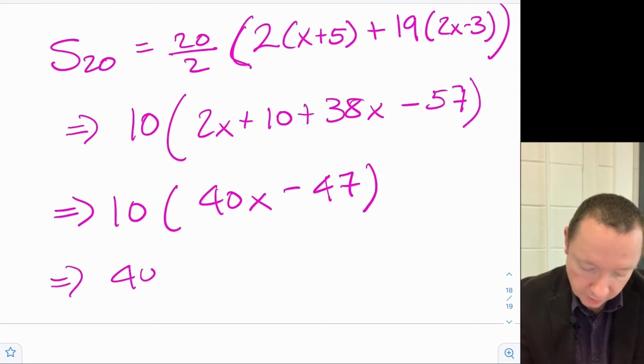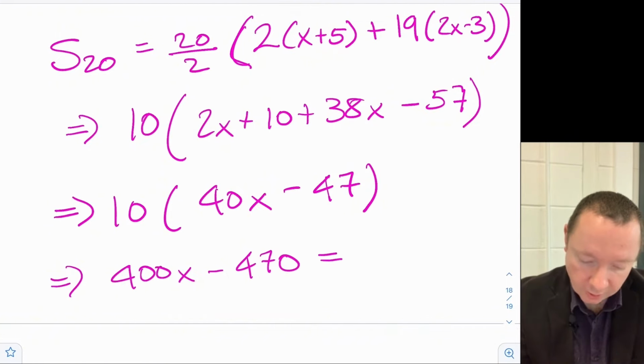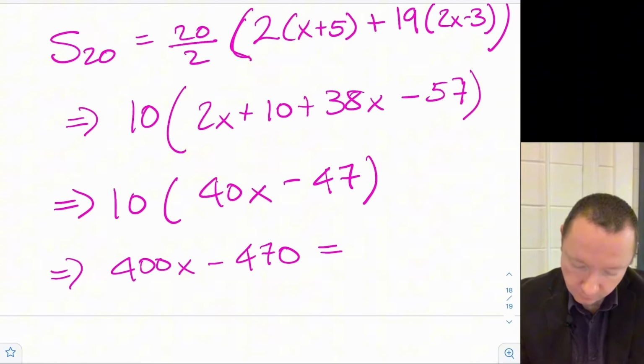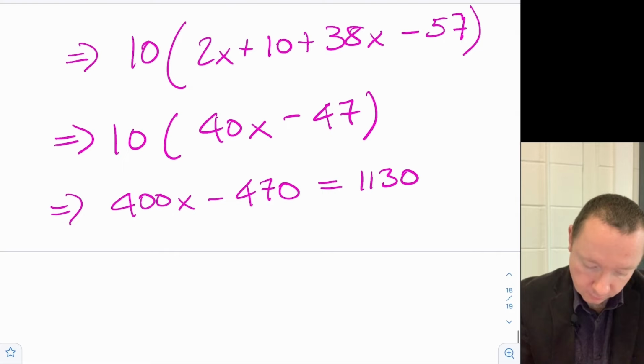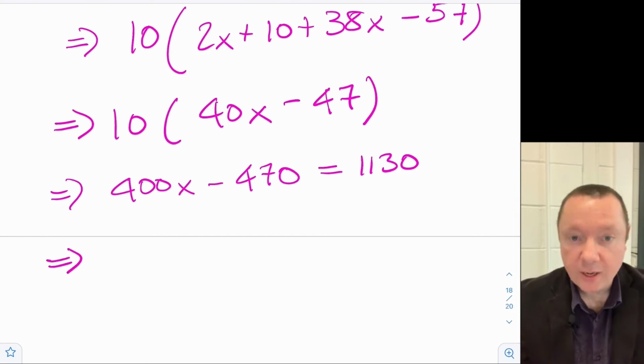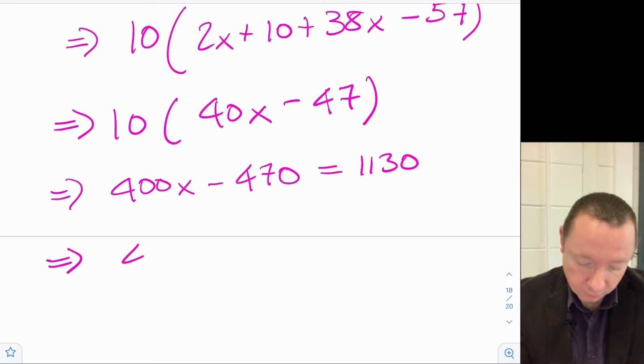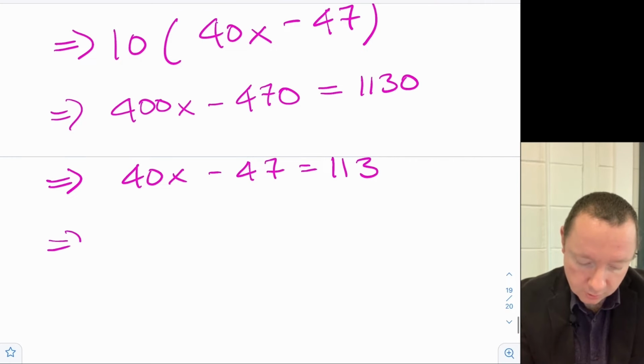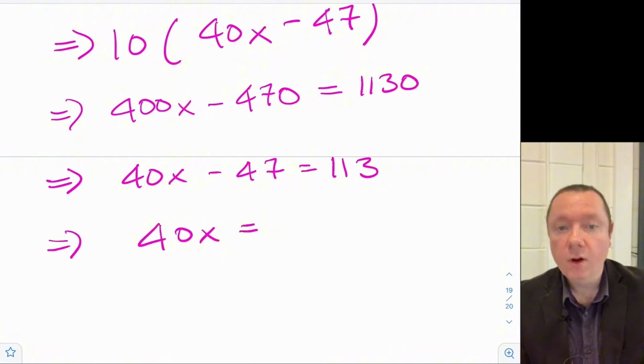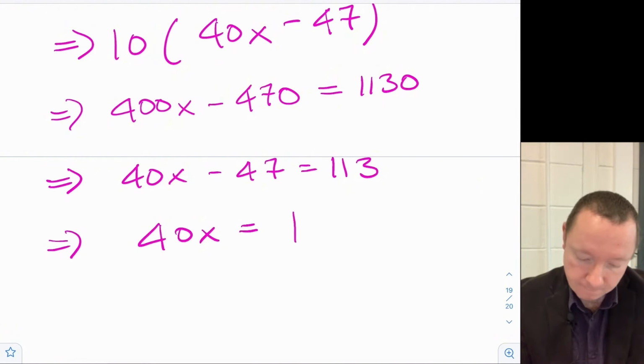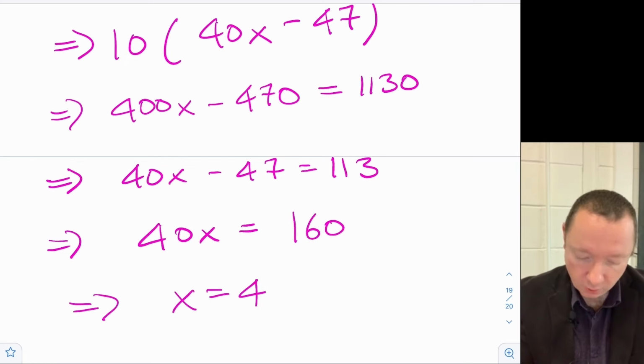That's 400x minus 470, and remember that equals 1,130. Should have divided by 10 first, but never mind. So we've got 40x minus 47 is 113. That gives us 40x equals a nice round number of 160, which implies that x must be 4.